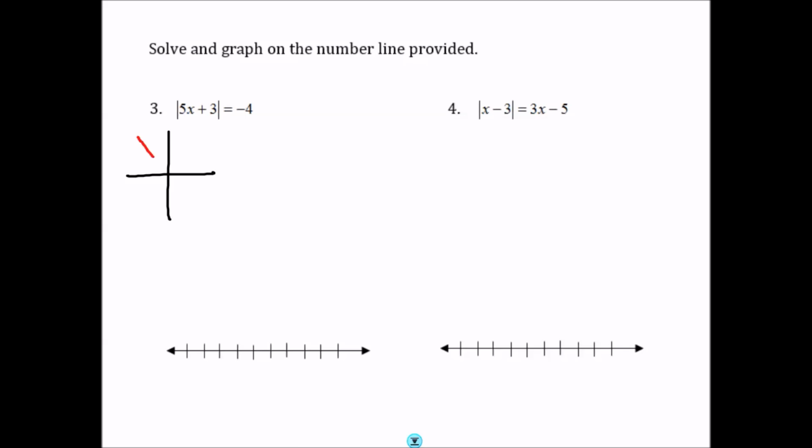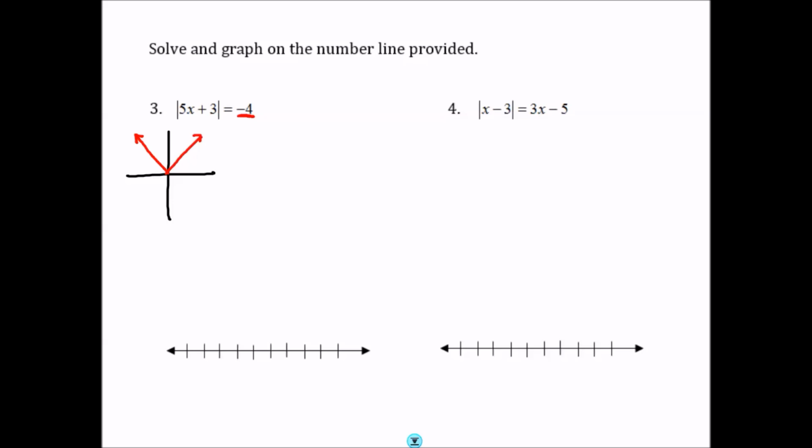The graph, okay, the range is 0 to infinity. The graph never reaches -4. So these should be the easiest problems you see on any kind of absolute value quiz or test.